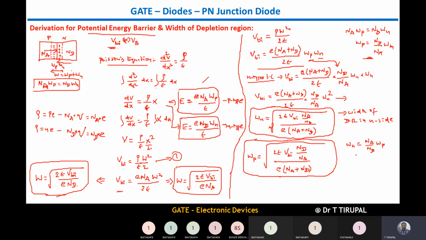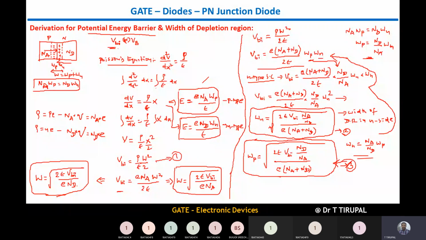If you substitute this WN value into this equation, then you get this equation. So 2 epsilon VBI NA by ND, whole divided by E into NA plus ND, right? So I write this one as the second equation and this one as the third equation.